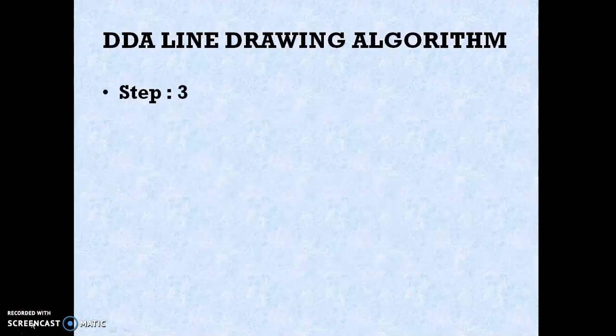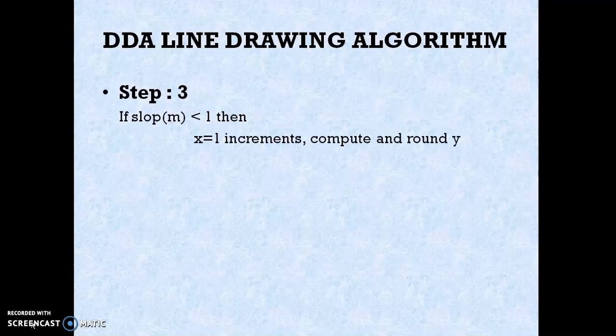Okay students, now come to step number 3. In this step number 3 we have two cases. If slope m is less than 1, then x is incremented by 1 and y will be computed and later on it will be rounded off.